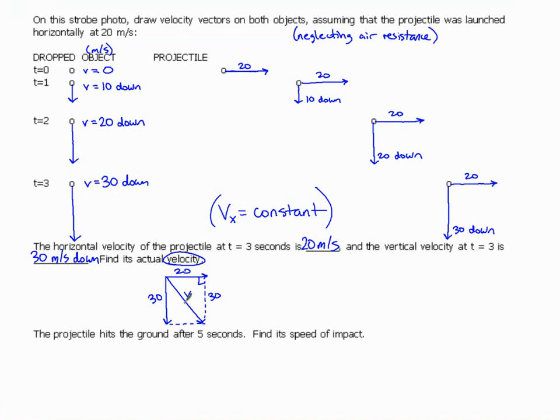So a squared plus b squared equals c squared, or we would say the velocity equals, this is the shortcut method, the square root of 30 squared plus 20 squared. And so we find that the velocity is 36.06 meters per second.